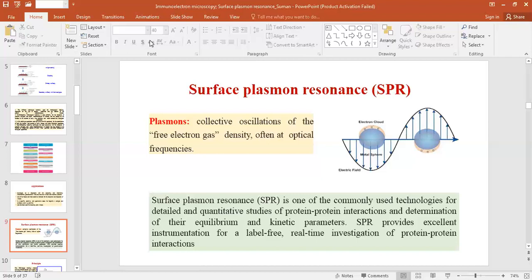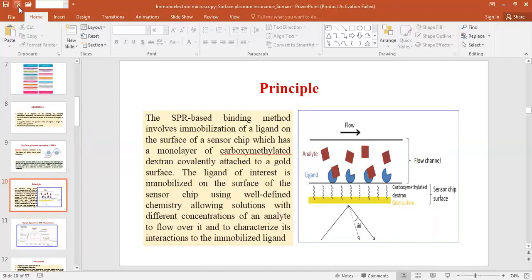So if you look into the principle of SPR, this SPR-based binding method involves immobilization of the ligand on the surface of a sensor chip, which has a monolayer of carboxymethylated dextran that is covalently attached to a gold surface.